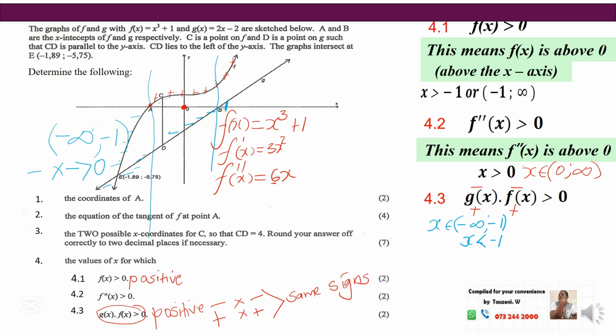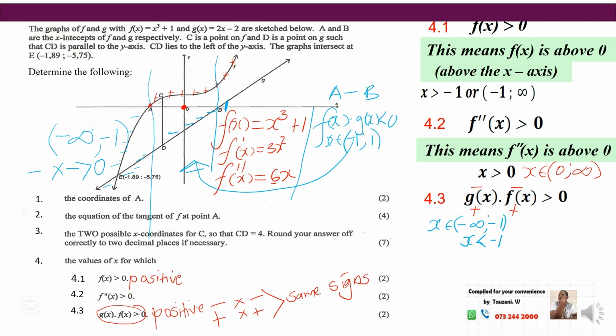Now, if we were requested to find the values of x for which f of x times g of x is less than 0, that means it's negative, then we would take the values of x from this middle space, from point A up to point B, because from A to B, the graphs have different signs. That's x is an element of negative 1 up to positive 1.